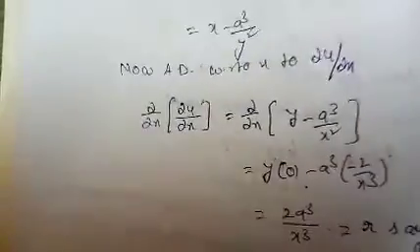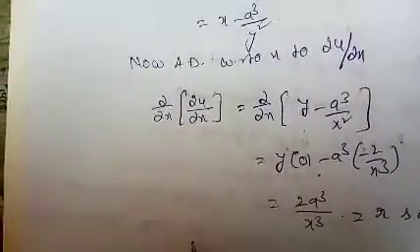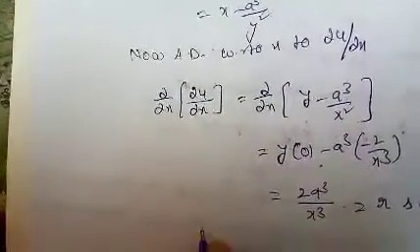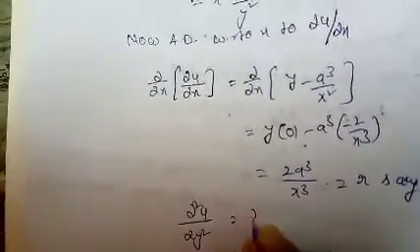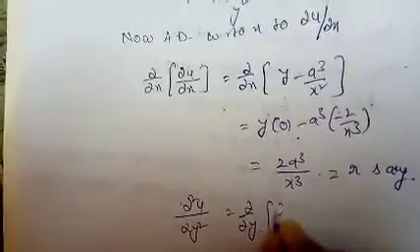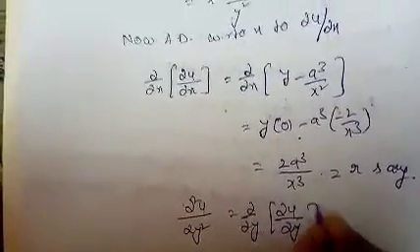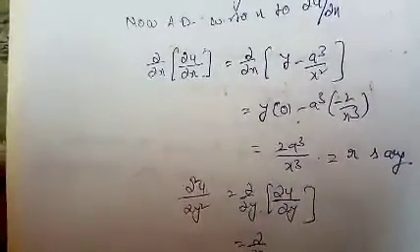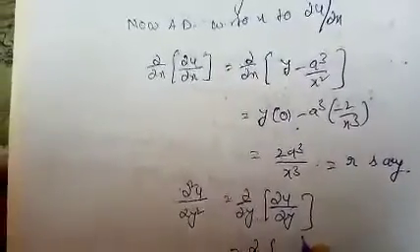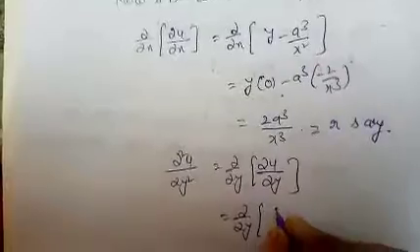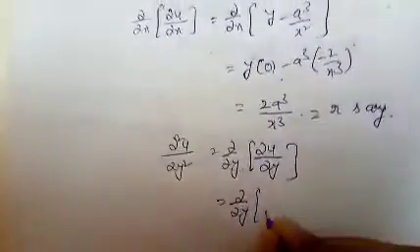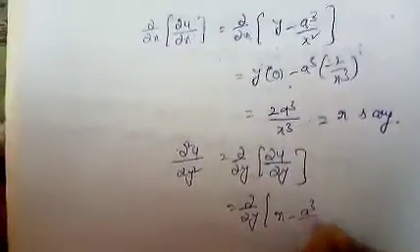So now t. So what is the value of t? Dou square u by dou y square equal to dou by dou y of dou u by dou y. So what is the value of dou u by dou y? x minus a cube by y square.